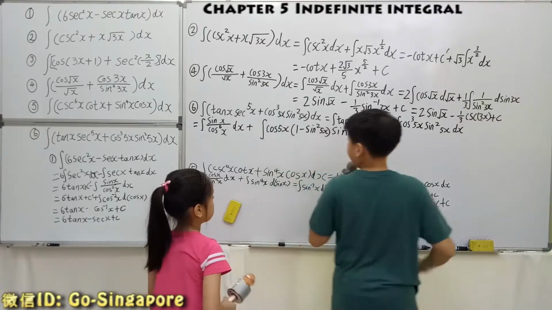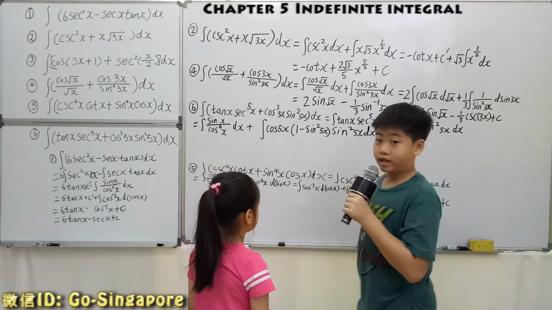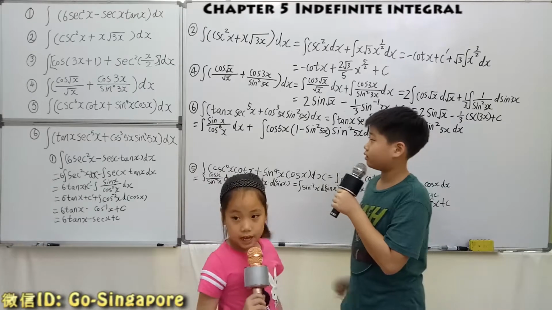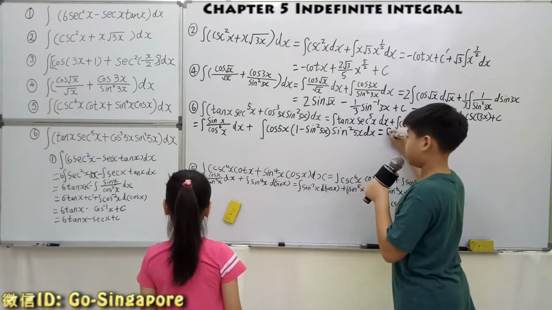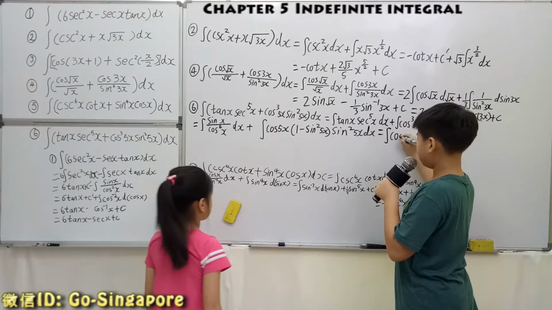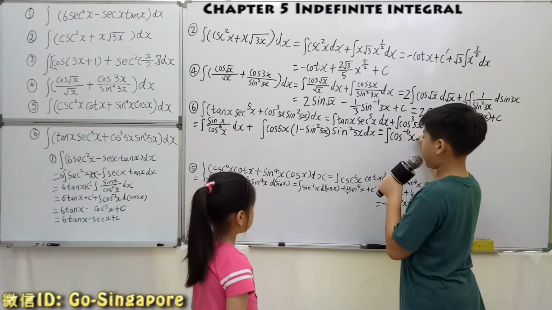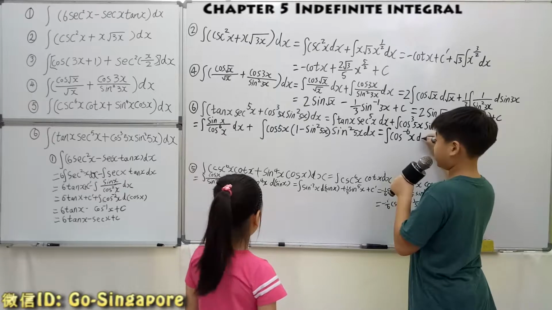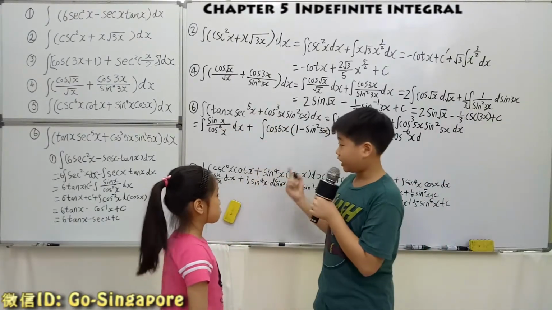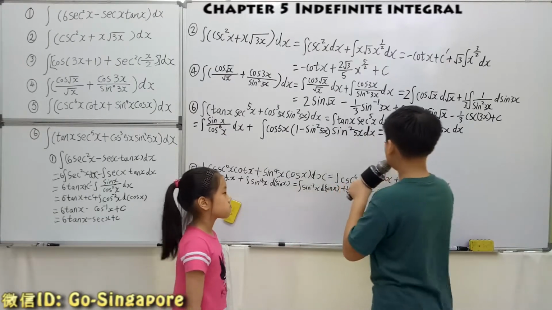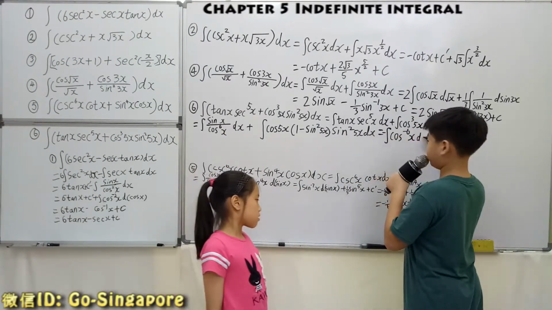Right. So like this, then you can change it. Yes. So for this part first, it will be the integral of cosine to the power of negative 6x, and here's the d. But remember, this is a sine x. When you change it to a cosine x, here you have a negative.